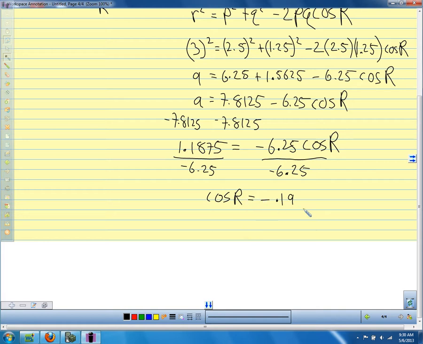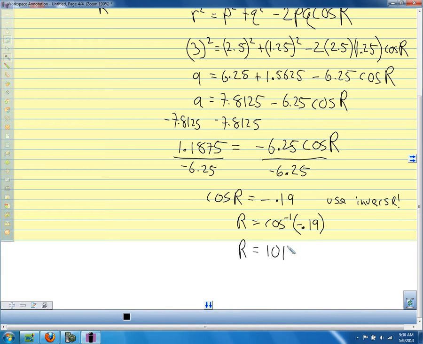What do I have to use? Inverse. So R equals the inverse cosine of negative 0.19. So finally I get R equals 101 degrees.